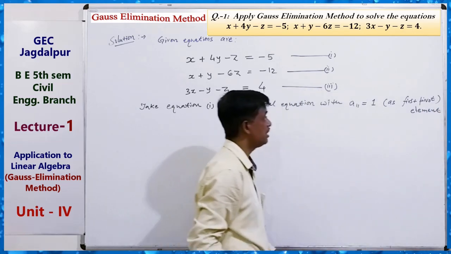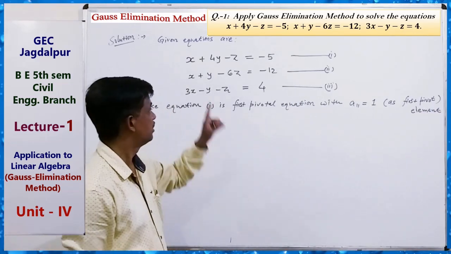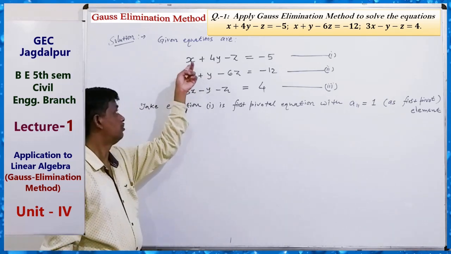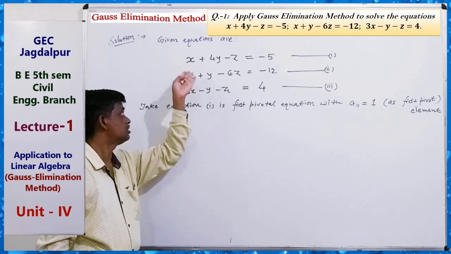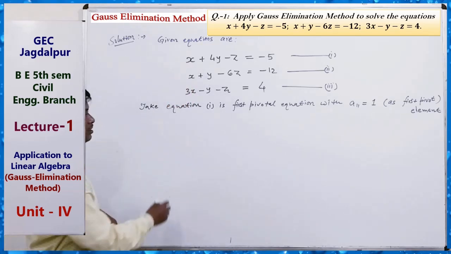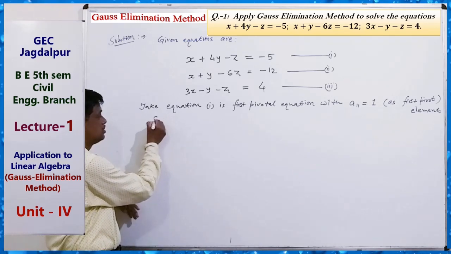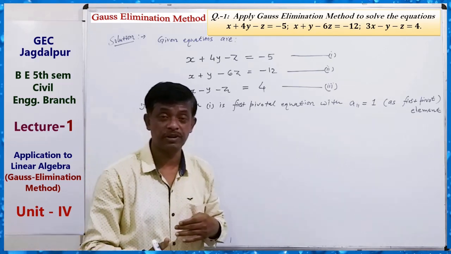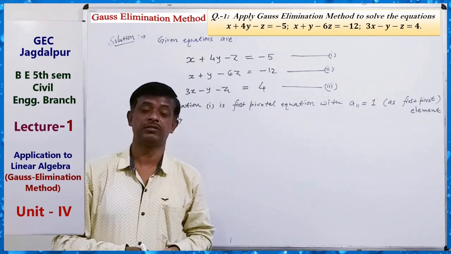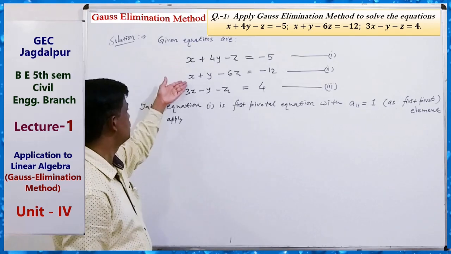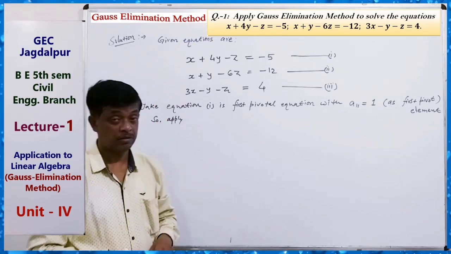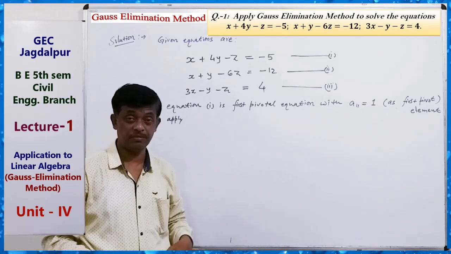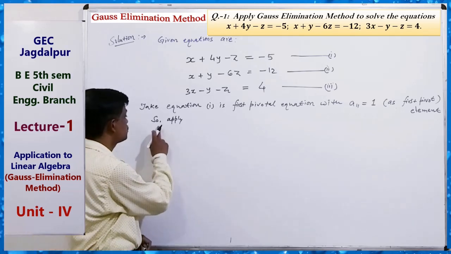Pivot element means by this element we have to eliminate the first variable from the equations below the first pivotal equation. Okay, so apply, because we have to write its solution systematically. We know what we have to do, just subtract from this, subtract from this, but for doing computer programming you have to systematically write its steps, then you can do it. Okay, so apply what first?